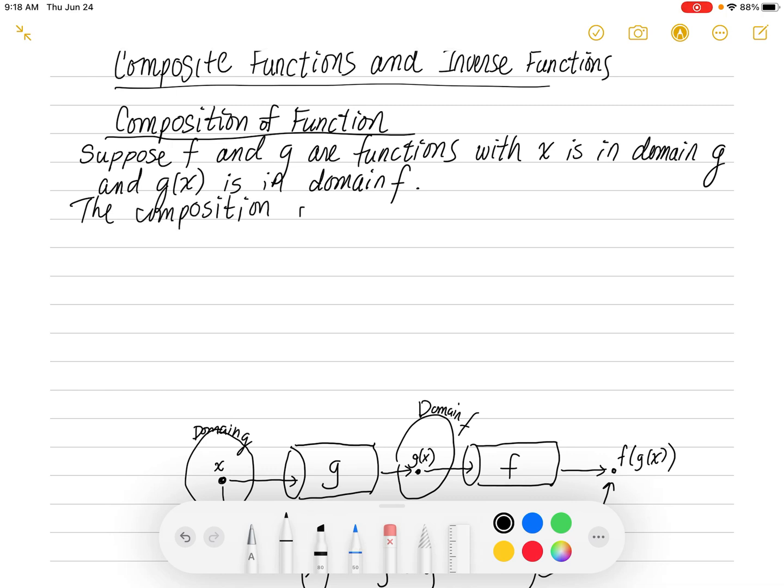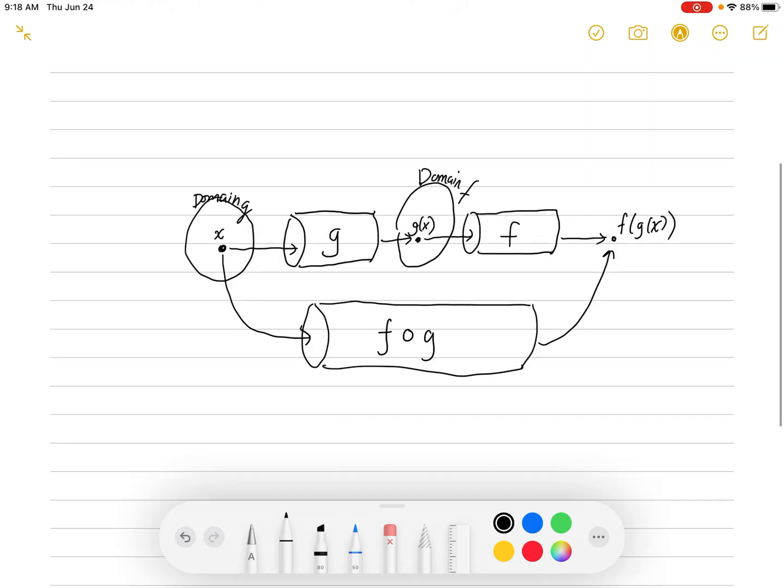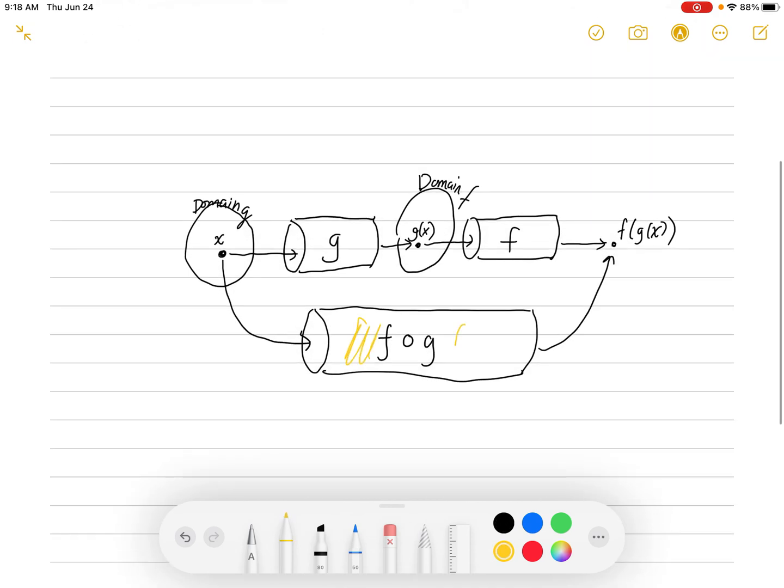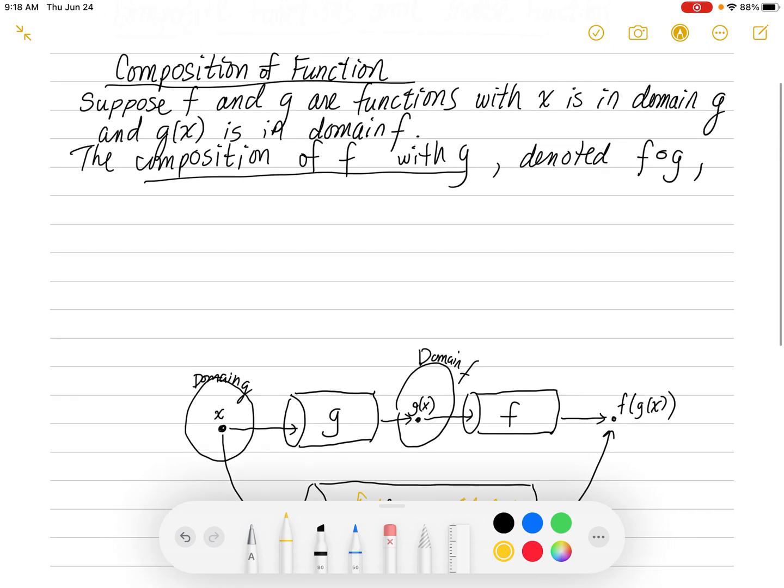What do we want to say? The composition of f with g, that's what we're defining, is going to be denoted f circle g. That's that new machine down there. I'm going to make it yellow here.